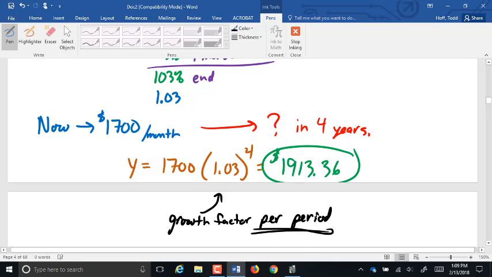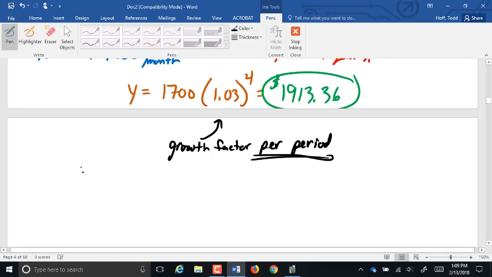I specifically chose this example of Social Security because they only give you that increase once a year. But what if it's given at different periods of time, like compound interest?